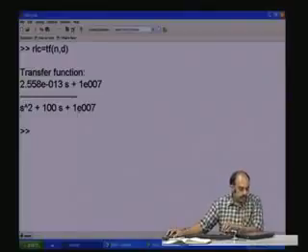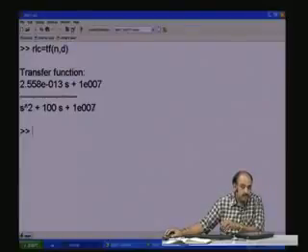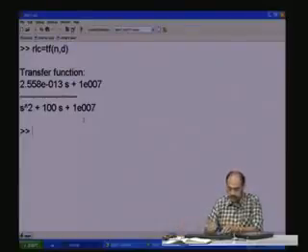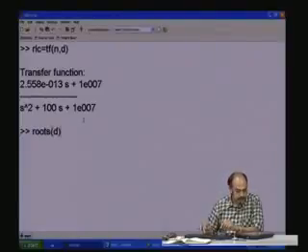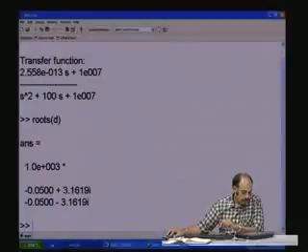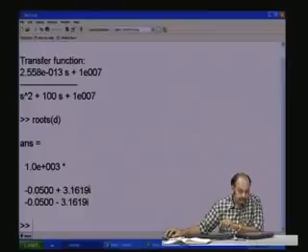Now, the roots of the denominator are going to be the pole locations. So, if I take the roots of D, the denominator, this will be the pole locations. You see the pole locations, that is, minus 50 plus 3000 and odd in the complex.